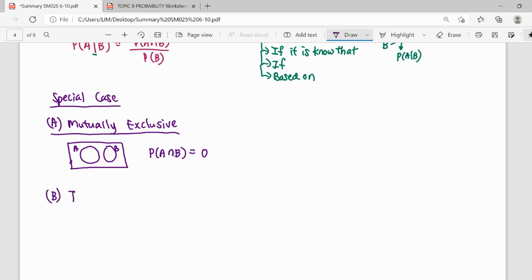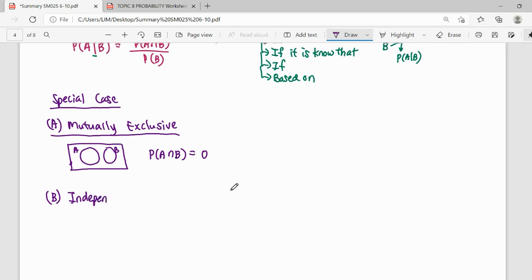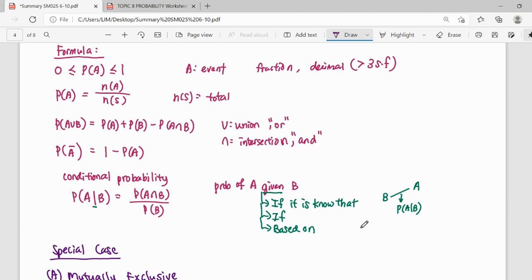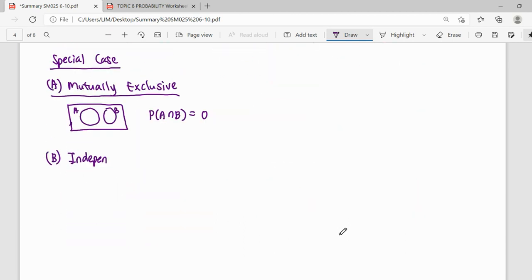So another special case is talking about independent. So this part and this part are the matriculation syllabus. The one before that is the basic, your SPM basic. Okay, another special case is about independent event.